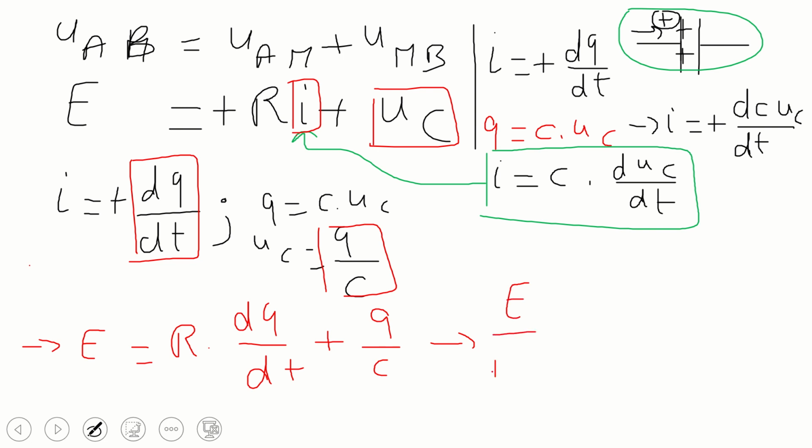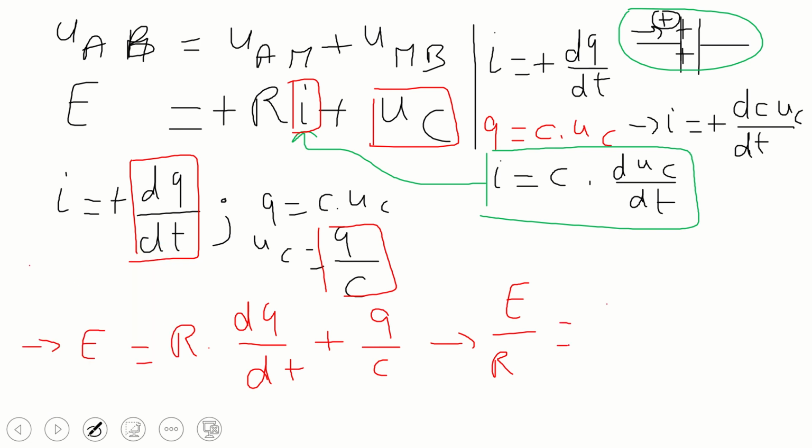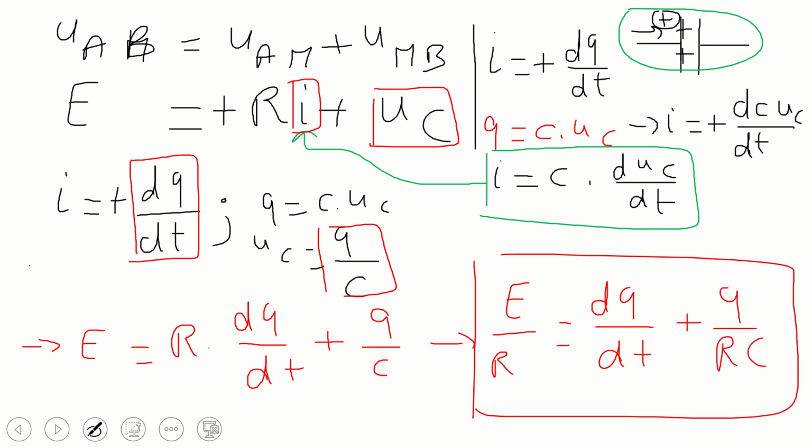E over R equals dq over dt plus q over RC. This is the differential equation in Q that governs the charging phase of the capacitor.